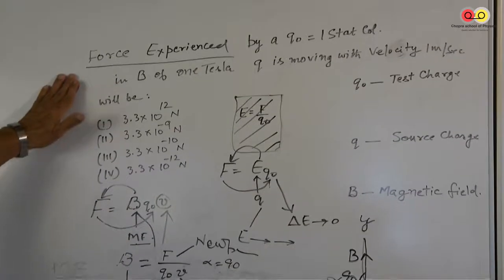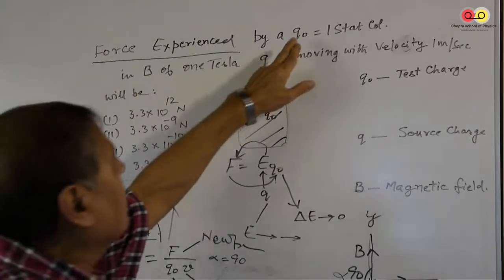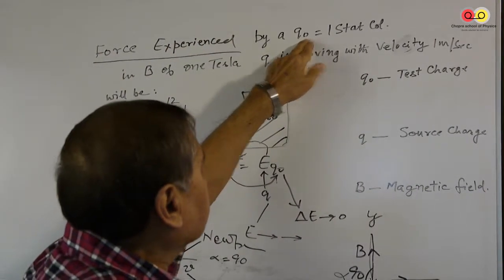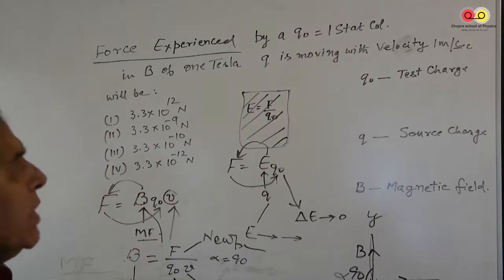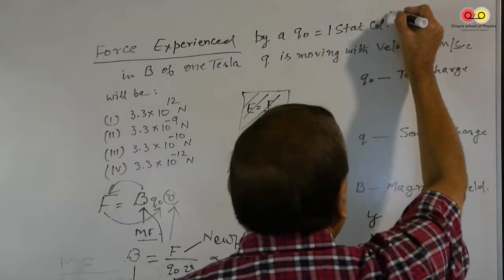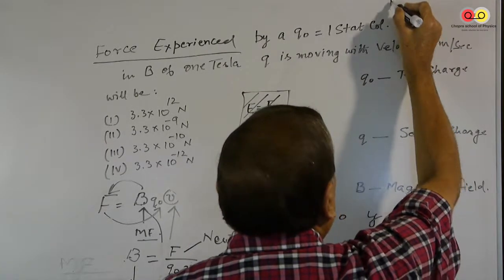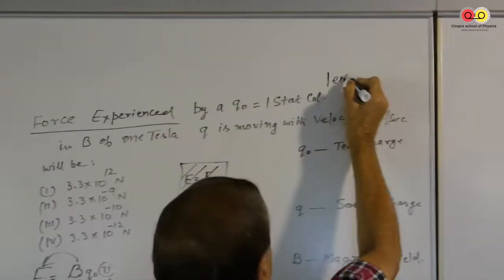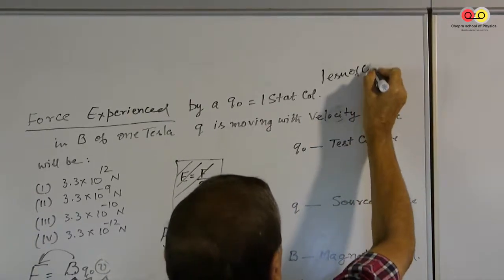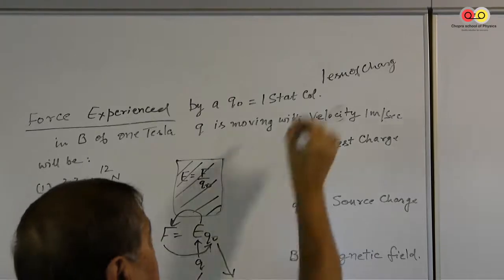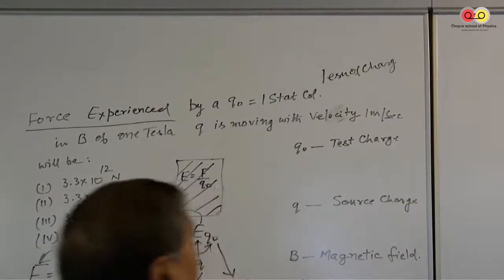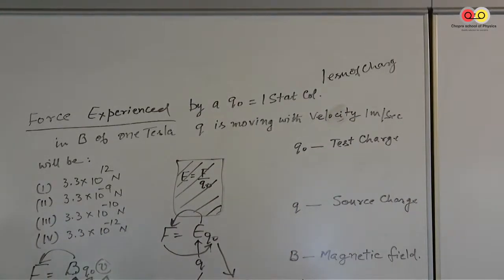Our question was the force experienced by Q naught, test charge, of 1 stat coulomb. Now what is 1 stat coulomb? 1 stat coulomb means 1 ESU of charge. And 1 ESU of charge is how much? I have already explained to you the value of 1 ESU in terms of Coulomb.